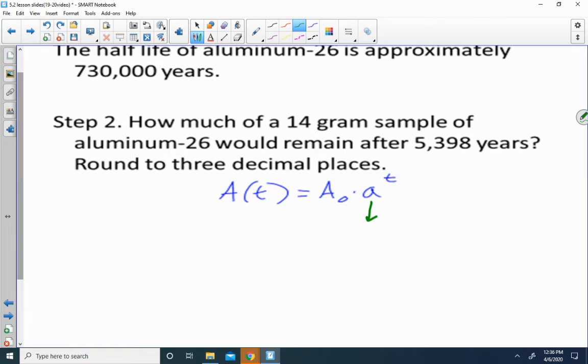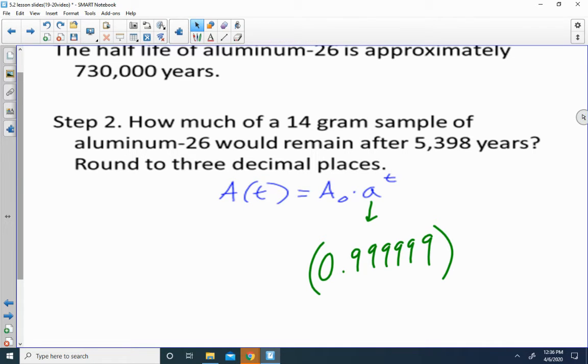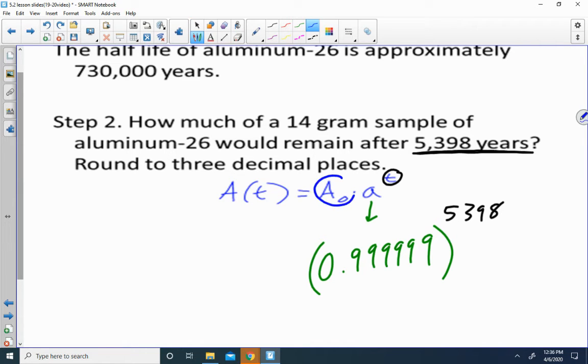Let's plug in everything. Little a, we just got that from the previous step, 0.999999. The time that we're given specifically is 5398. So little a to the power of 5398. And then the amount that we start with is 14 grams.